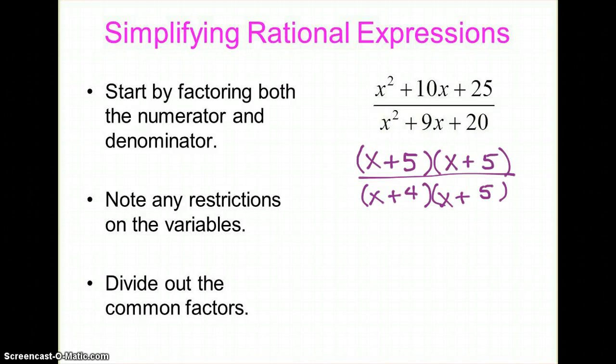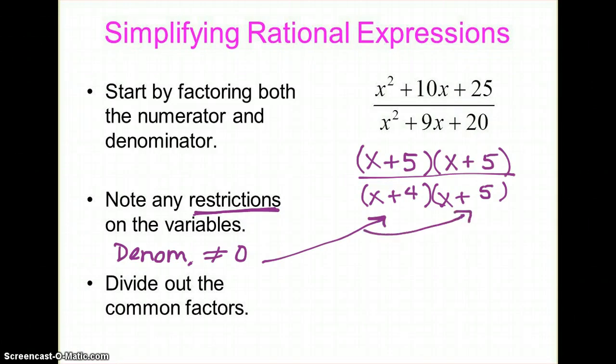Now, we talked about this previously when we divided functions, that if you have variables in the denominator of your problem, you're going to have restrictions, which simply means that there are certain values that we cannot use in this expression because it would make the expression undefined. That is when your denominator equals 0, because you can't divide by 0. So we can figure that out by looking at our denominator here, which has two factors in it, the x plus 4 and the x plus 5.